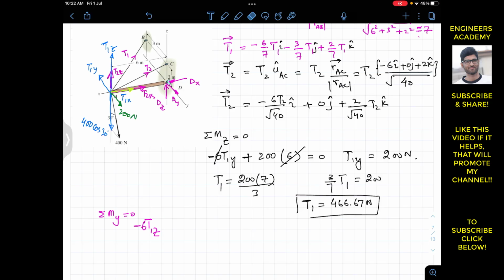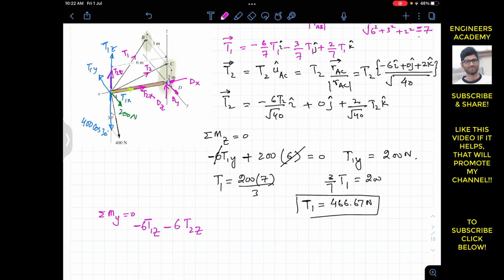And similarly, this T2z is going to produce the moment about the y-axis like this. And again, if we curl our right hand fingers like this, the thumb is going to point out in the negative y. So T2z is again producing a negative moment about the y-axis. So we will write minus T2z, and the perpendicular distance of this T2z from that y-axis is this 6 meter distance.